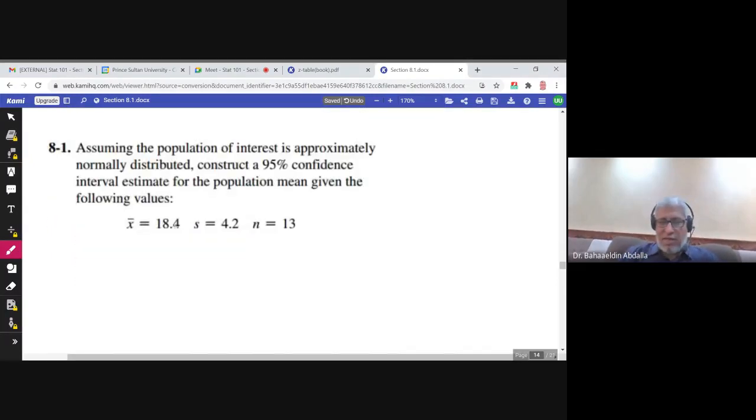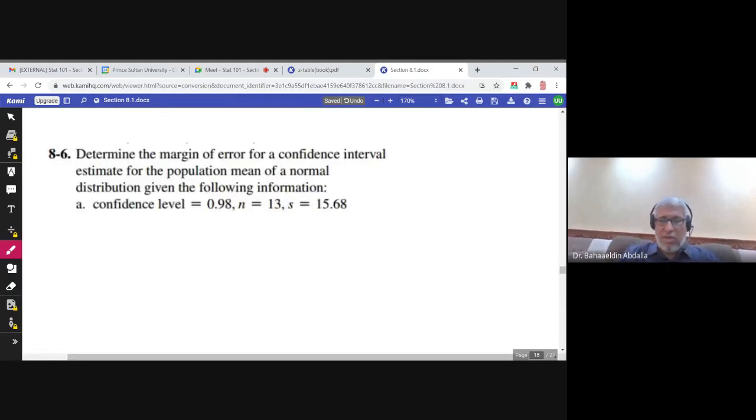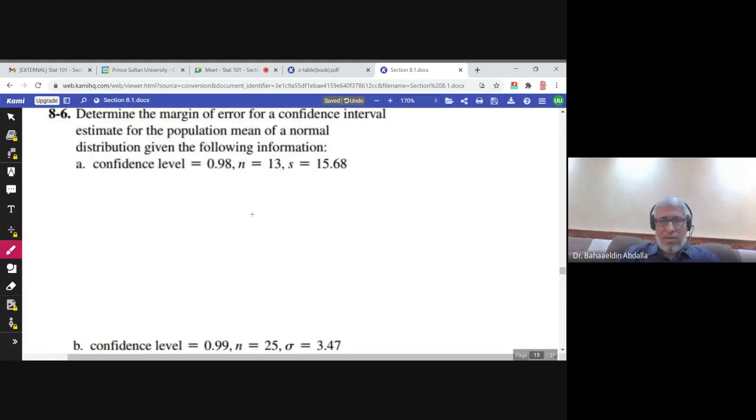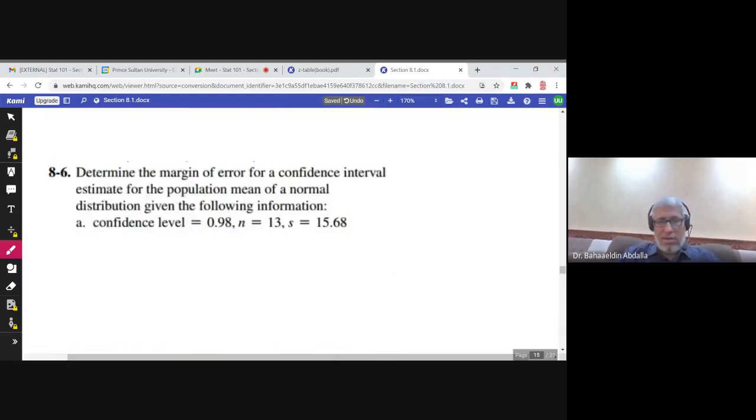So either like this, s and x bar are given in the question. Here, the confidence level is given, and determine the margin of error. Here he is asking only about the margin of error. The margin of error is E equals t times s over square root of n.